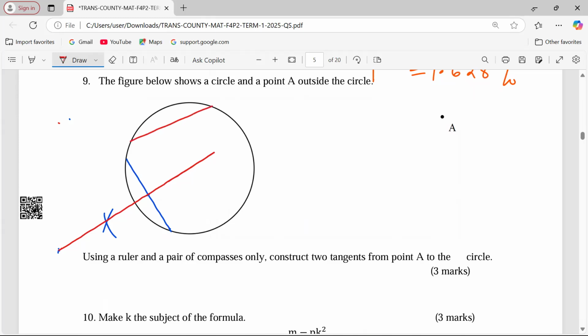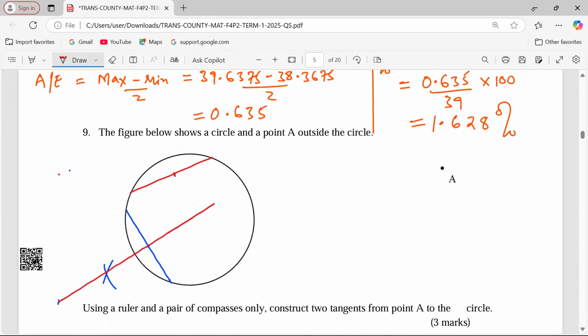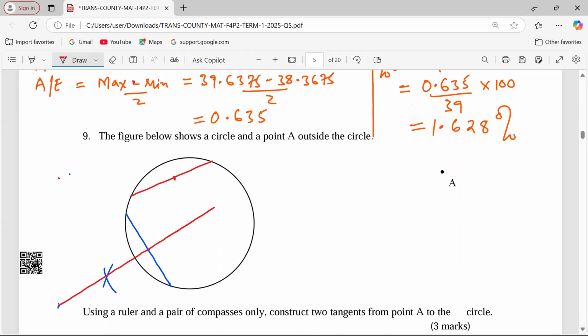This particular chord can also be bisected, and we do so perpendicularly, and we will know that when bisected, it will pass through the center.